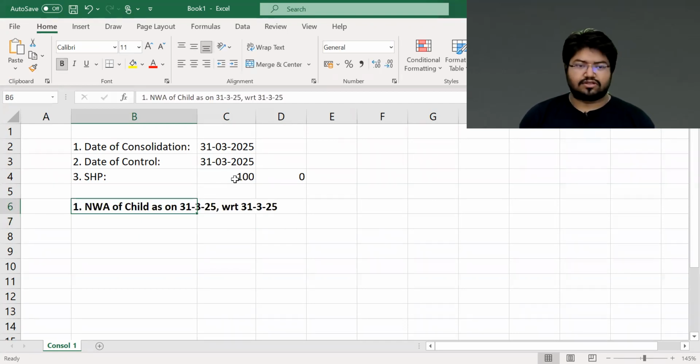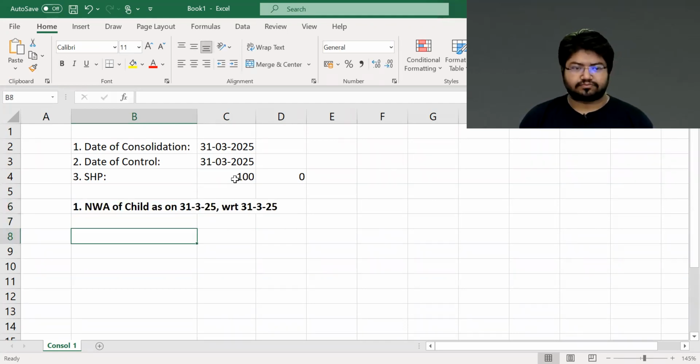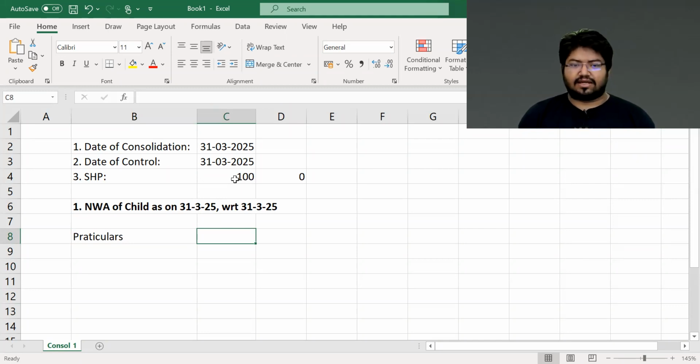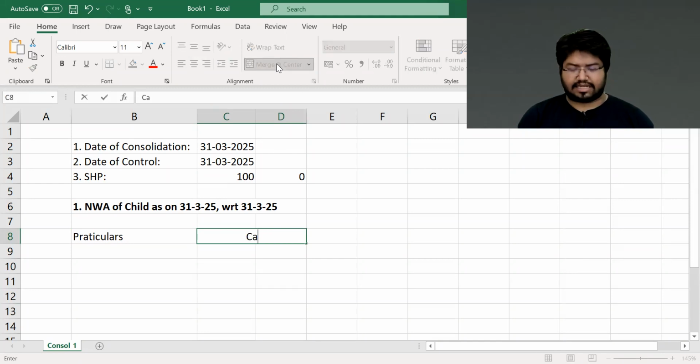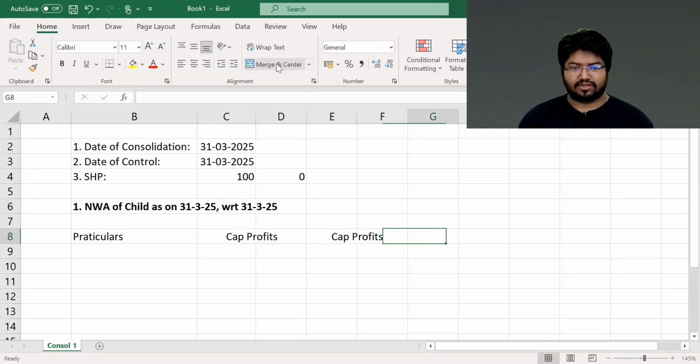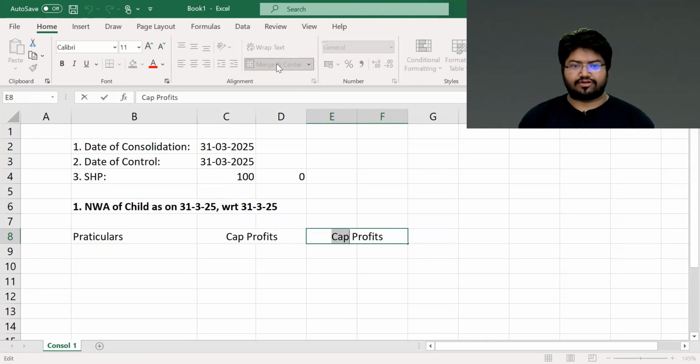So this is step 1. Start with particulars. And then have a broad capital profits column, and in the same way, revenue profits also.